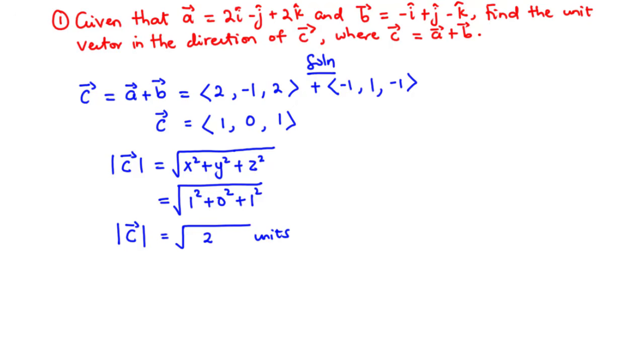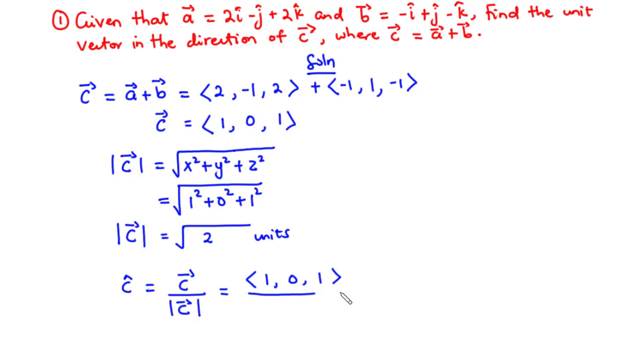Now to find the unit vector in the direction of vector C, that is given by C cap, and is equal to vector C divided by the magnitude of vector C. Now we have vector C to be 1, 0, 1.